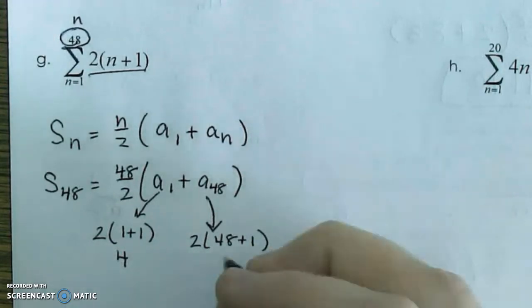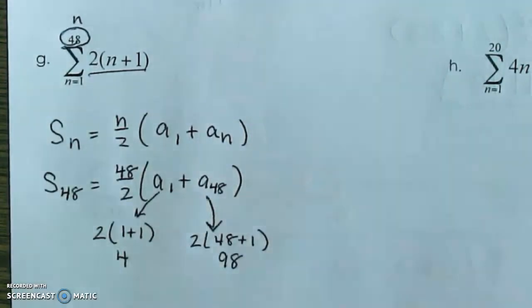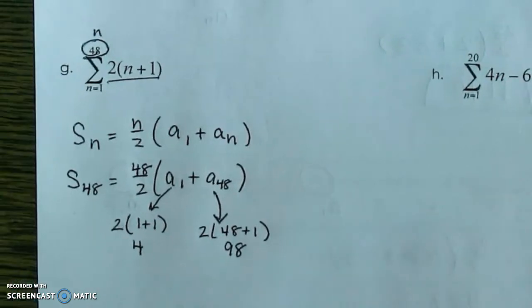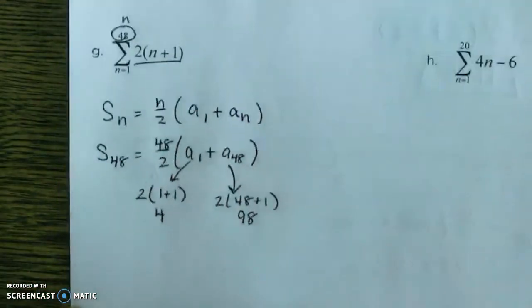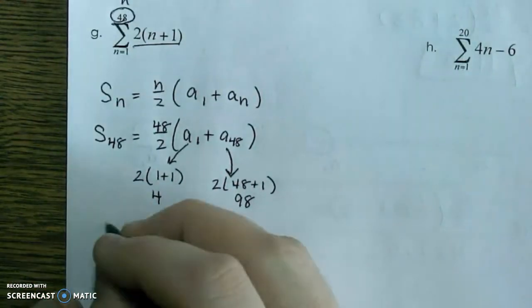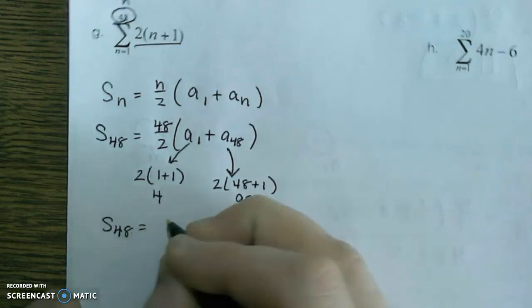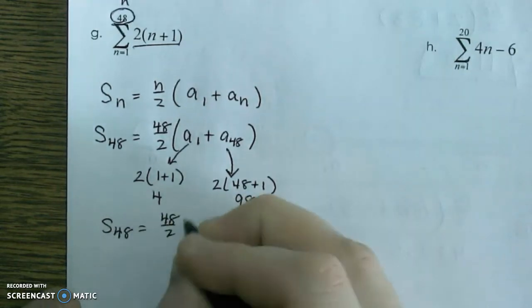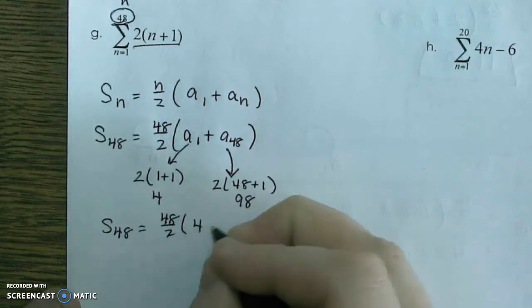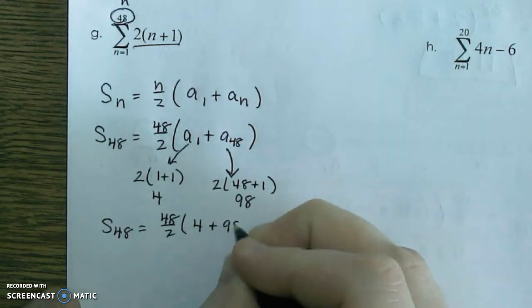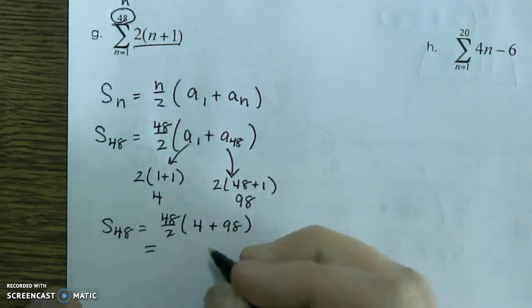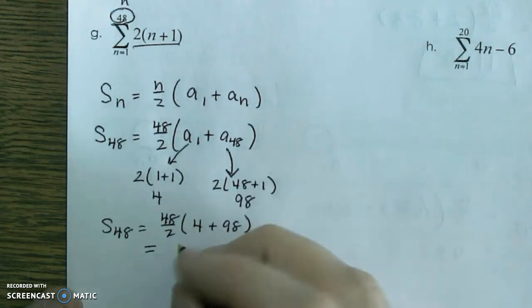And we're getting 98 for that. So we're using the sigma notation to find all of our missing information, and then we just fill it in. So we've got sum of the 48 terms is 48 over 2, and then A1 plus A sub 48, and you end up getting 2,448.